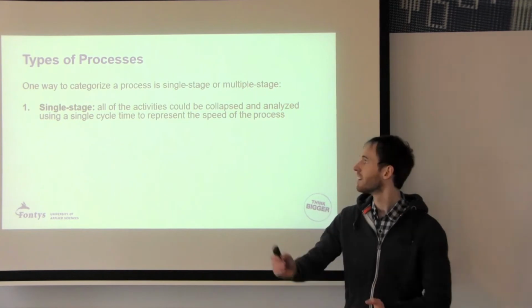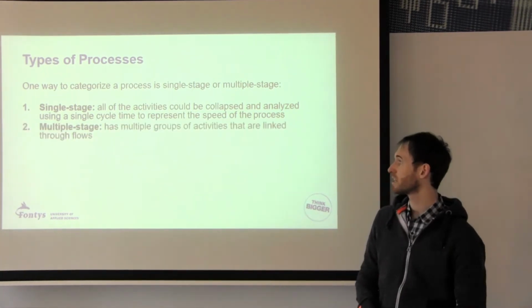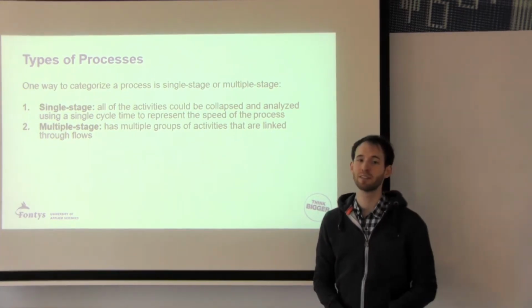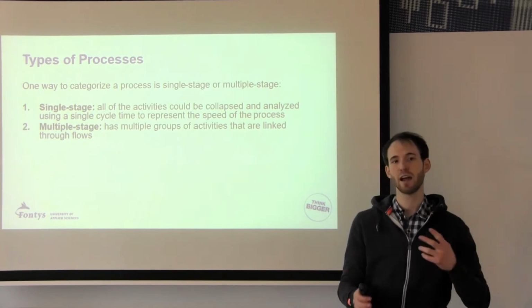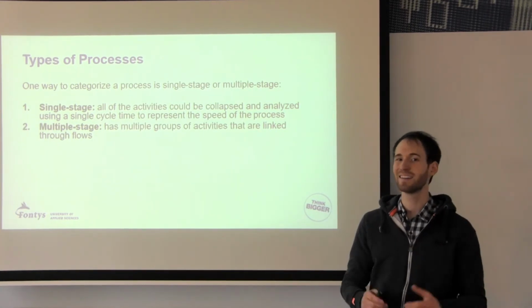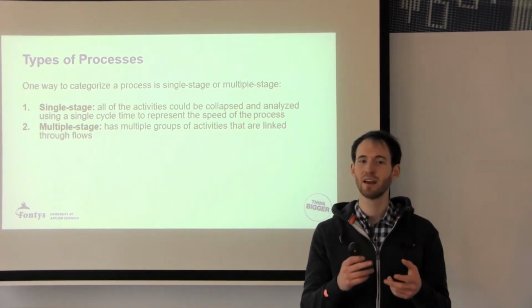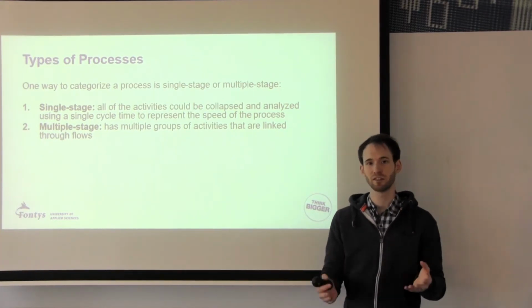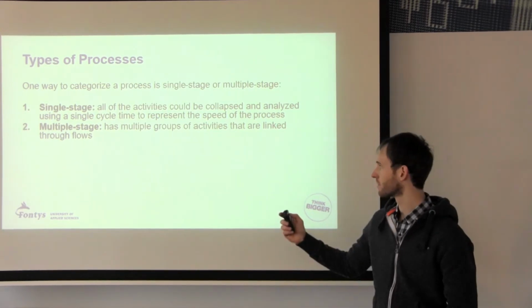So it's one single stage in which the activities are performed. A multi-stage process has multiple groups of activities. Let's say after this lesson you go to another lesson. They also have certain content they deliver to you, and this is then a group of activities, this lesson, the other lesson, that do not take place in one stage, or in this case in one classroom, but in more classrooms.